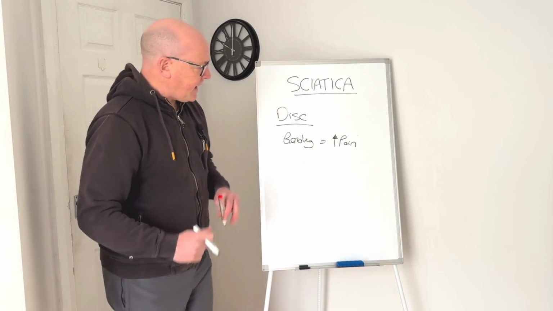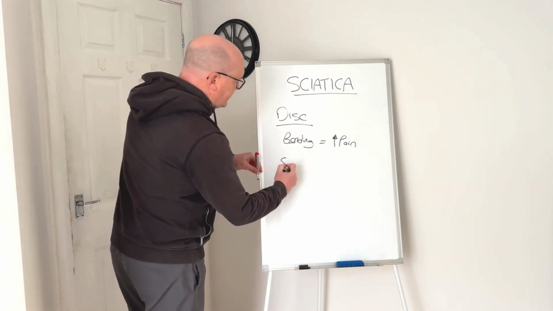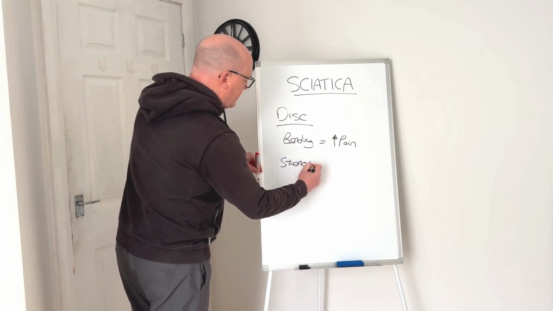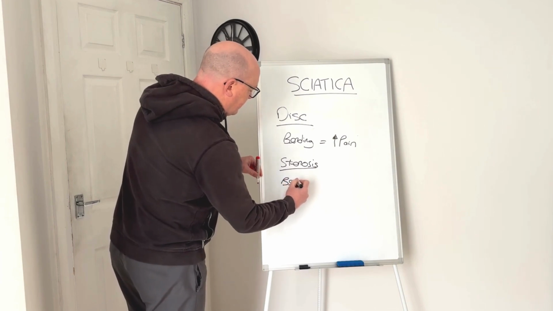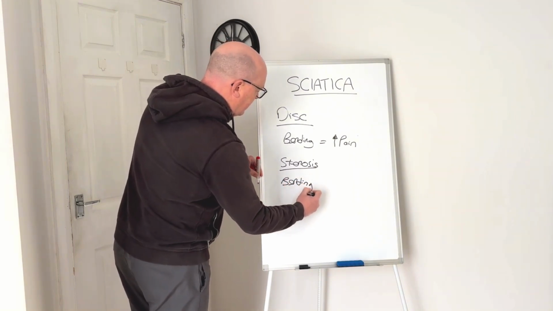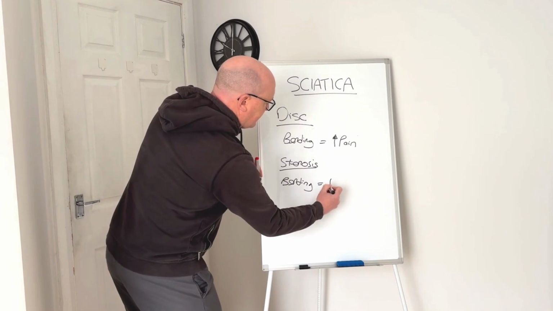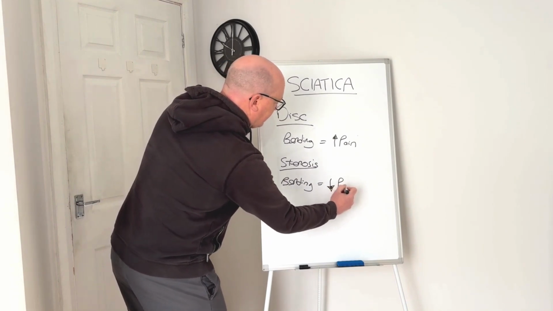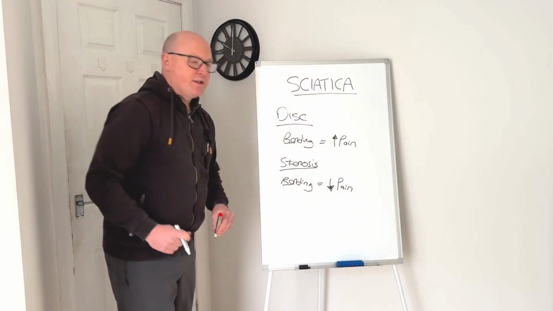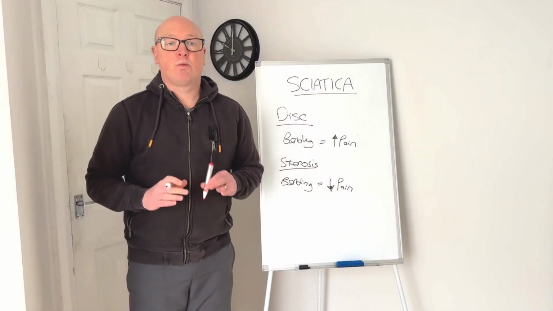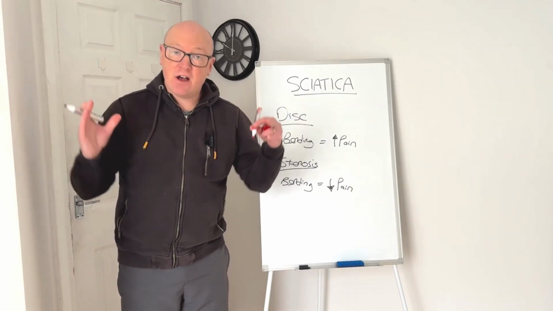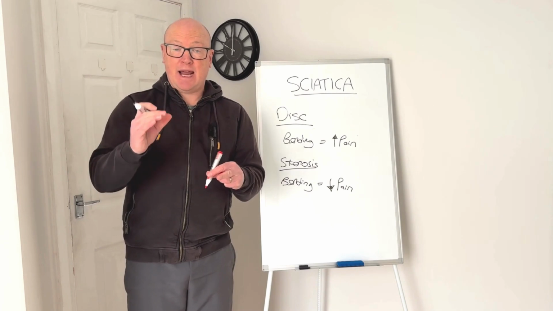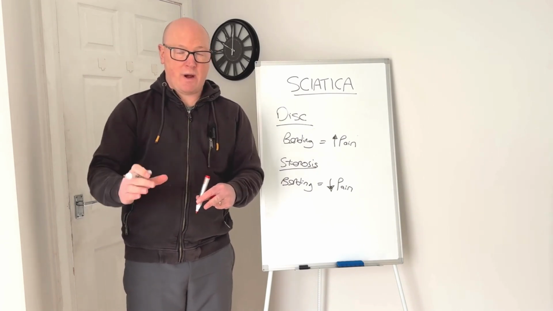However, if we have a stenosis problem, our bending motion actually reduces pain. And so the reason for that is because when we extend backwards, it actually further closes down the gap in an anatomical sense to where the nerve comes out.